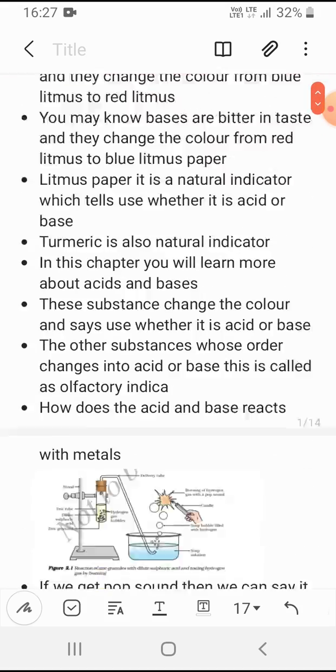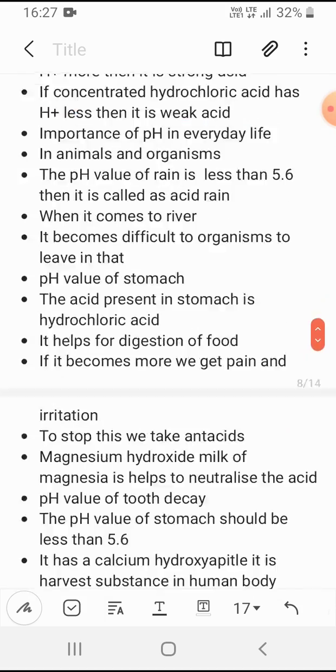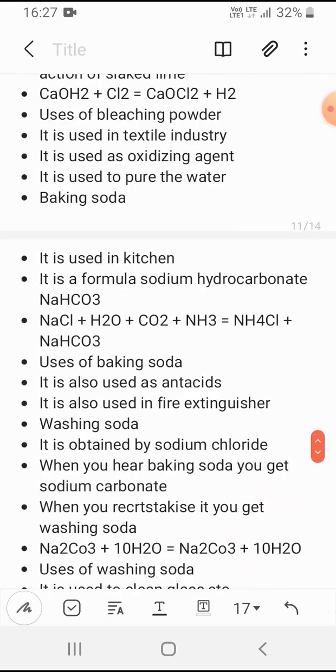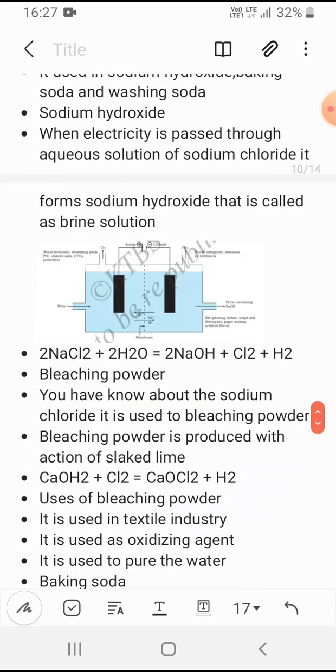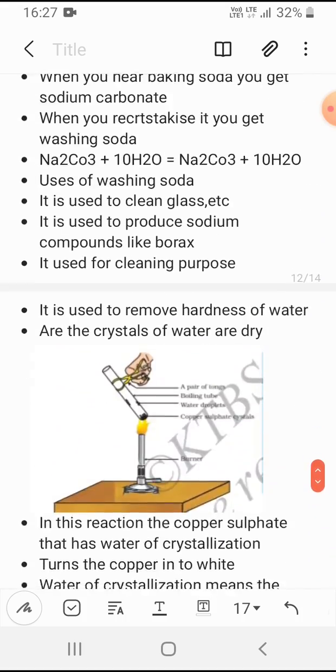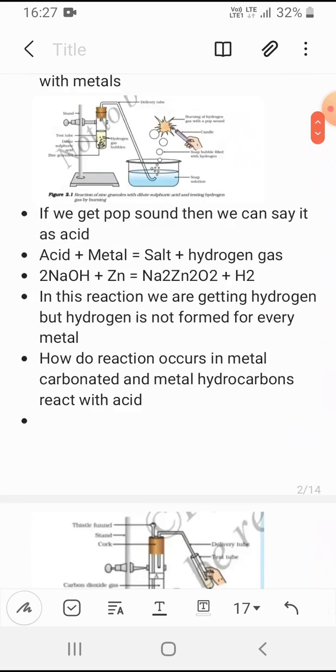They will ask the diagram in this chapter, and they may ask the formula of plaster of Paris, pH value, and uses of baking soda, sodium hydroxide and washing soda. They may ask the plaster of Paris formula, or what is plaster of Paris, for 1 mark. They may ask more questions from this chapter.